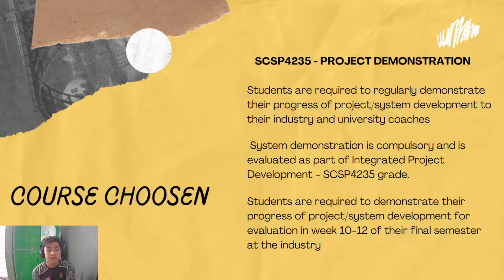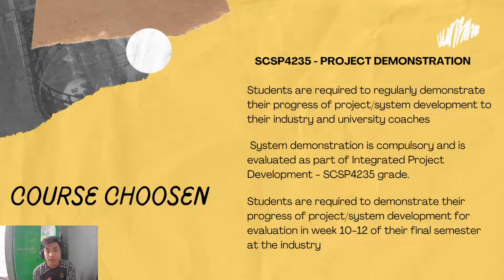The course that we have chosen from the 4 courses is SCSP 4235, which is the project demonstration. In this course, students are required to regularly demonstrate their progress of project or system development to their industry and university coaches.